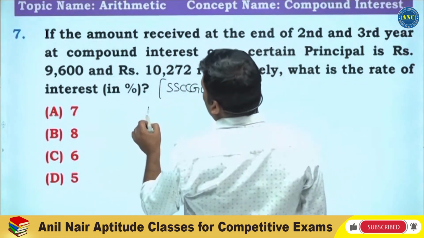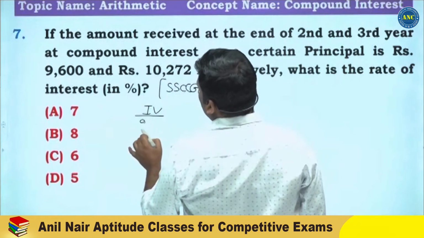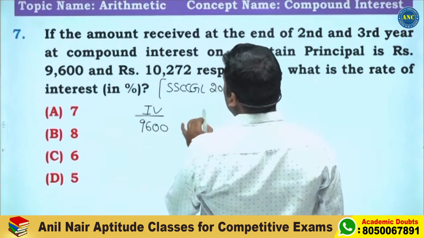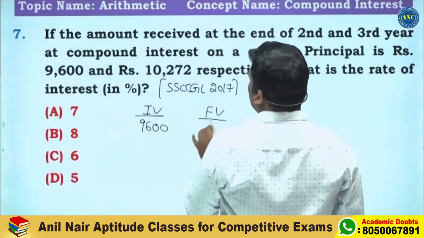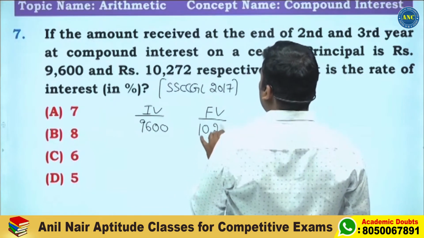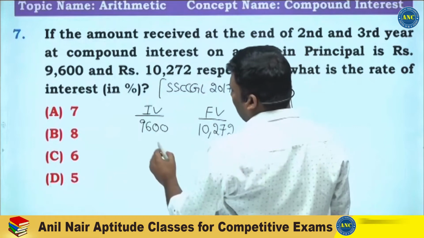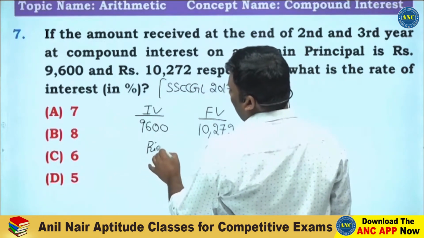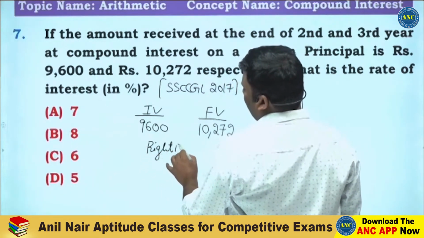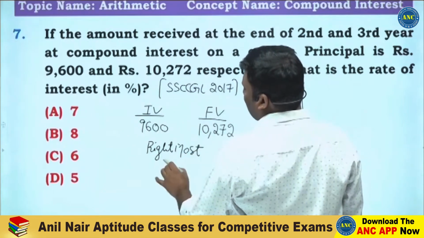So initial value is 9,600. At the end of third year, it is 10,272. Use the rightmost non-zero digit approach. You will get the answer in 5 seconds.